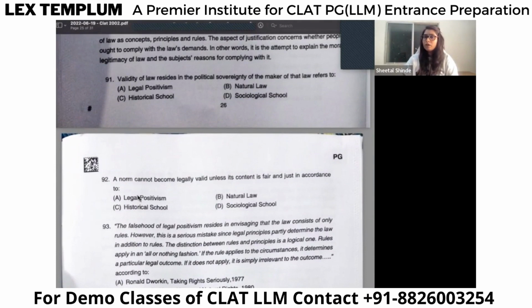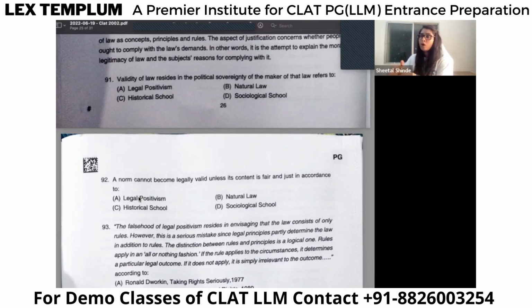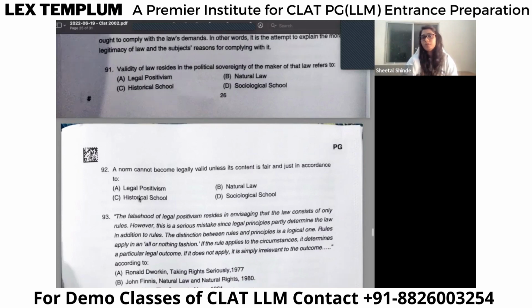Validity of law resides in the political sovereignty of the maker of that law refers to. So when you read the statement, validity of law is there in the political sovereignty, Austin, Bentham, Kelsen, Hart, everything should strike to you, right? So answer is legal positivism.